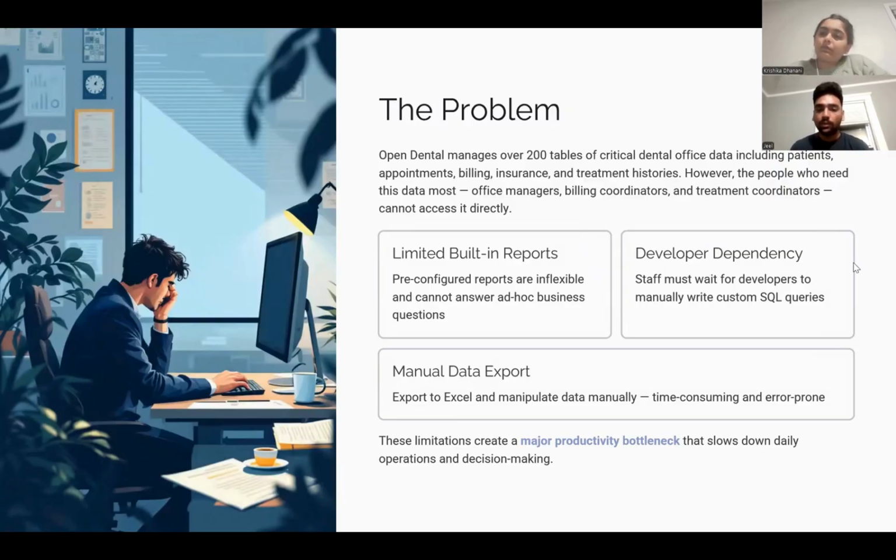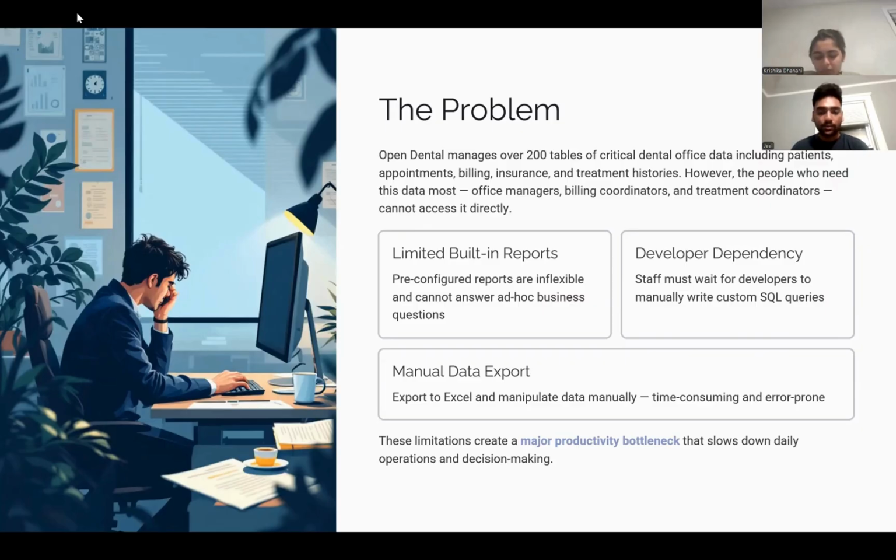The problem: the dental management system has over 200 tables of clinical dental data, including patient appointments, billing, insurance, and treatment history. However, the people who need this data, most office managers, billing coordinators, and treatment coordinators, cannot access it directly.